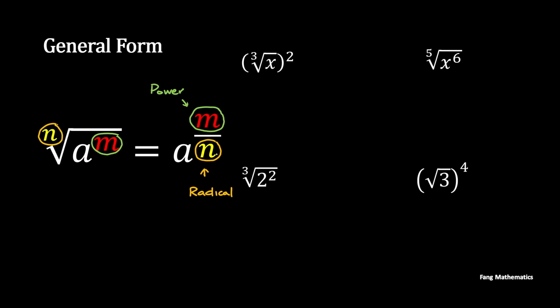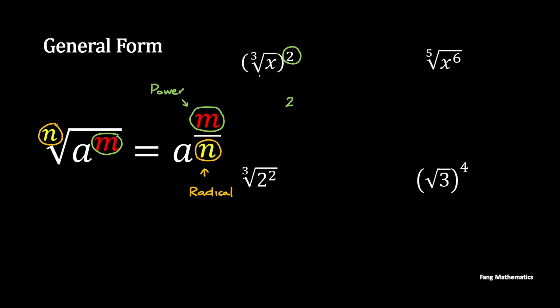So now we are to combine the power and the radical. Let's look at the first example we have. So you have cube root of x and then squared. So I believe you should see two features. The first feature is the power 2. So I believe you should have the power 2 on the numerator.